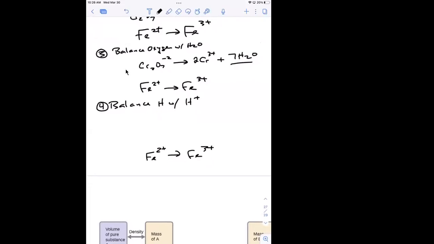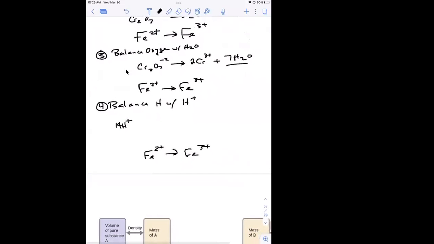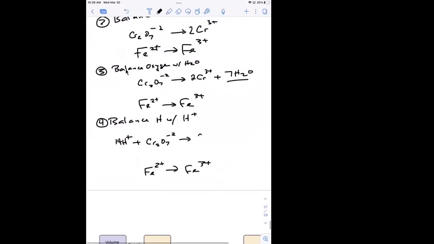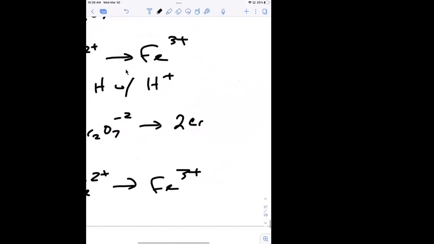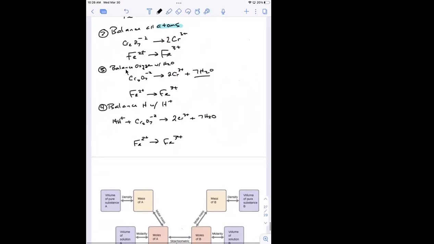So balancing means both sides has the same number of atoms. So I'm going to add that in. 14H plus, all right, plus Cr2O7 minus 2. And that leads to 2 Cr3 plus 7 H2O. Any questions about that so far?